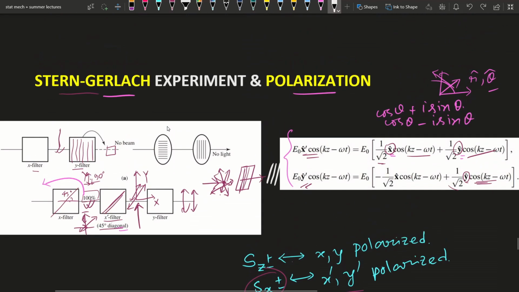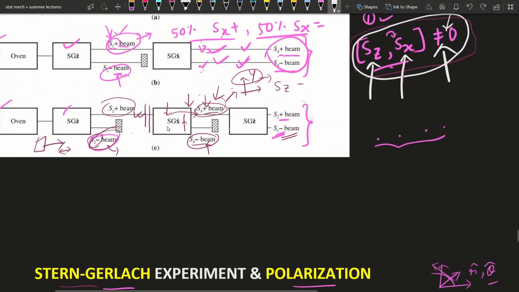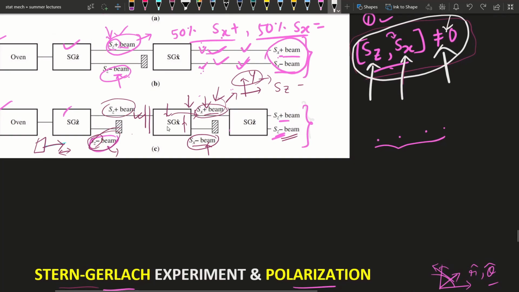So in the Stern-Gerlach experiment, we discuss the spin state of silver atoms, right? Now we want to study why the spin states behave strangely in the sequential Stern-Gerlach experiment.